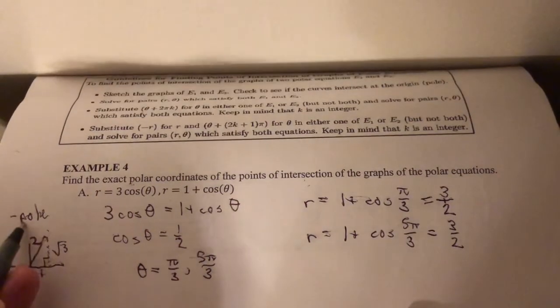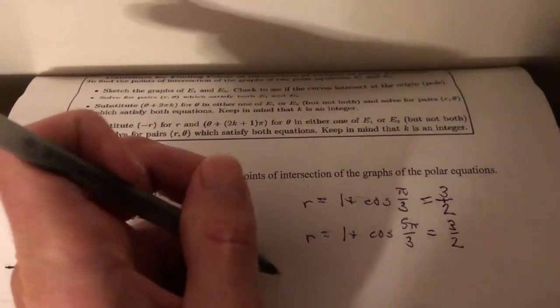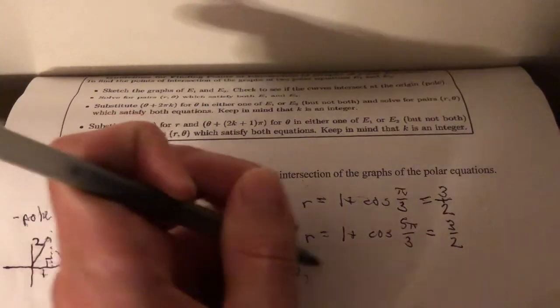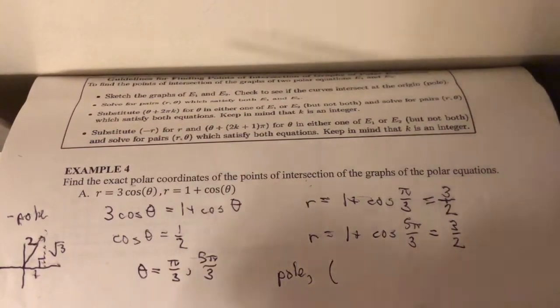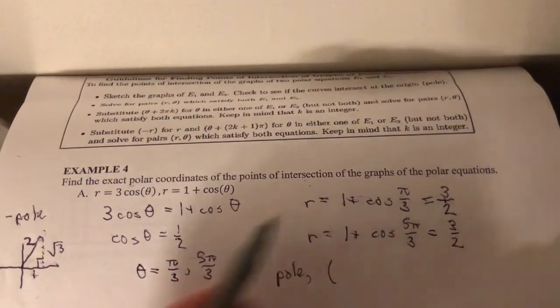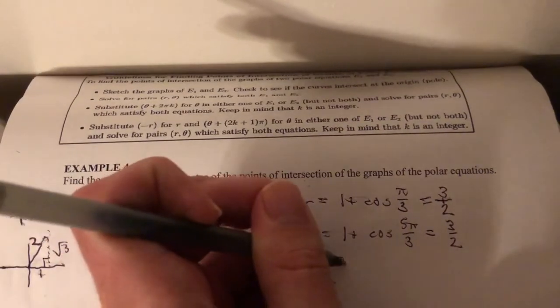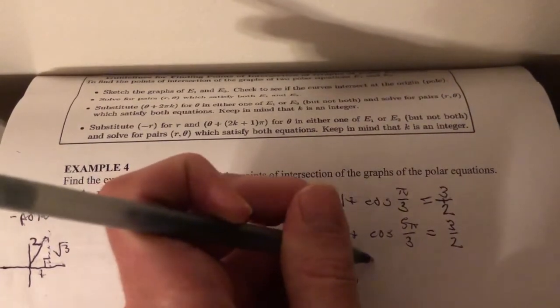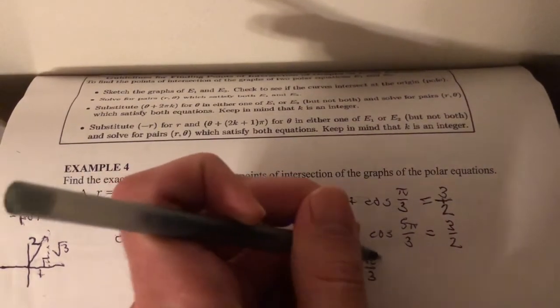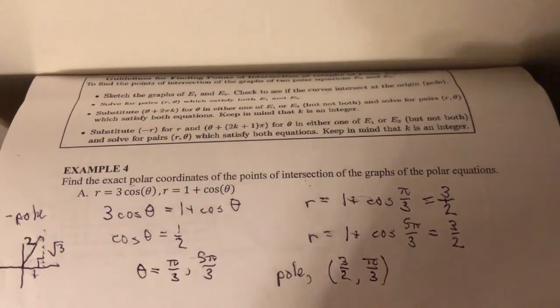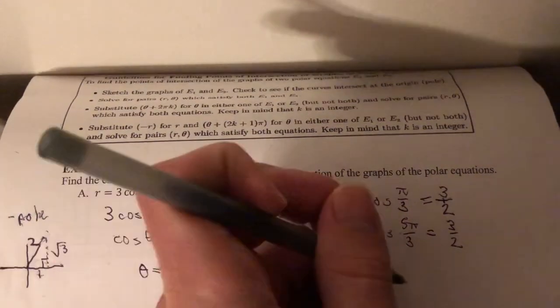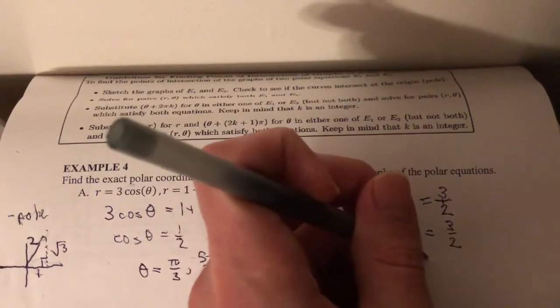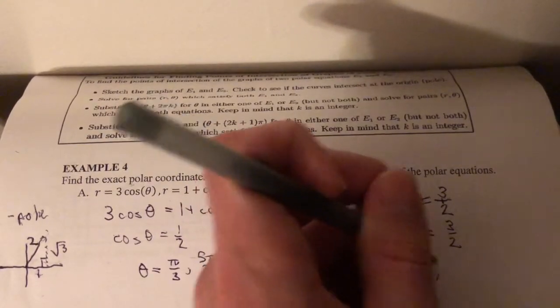So we've got the pole as a point of intersection. Then we've got the point 3/2 comma pi over 3, right, because we plugged in pi over 3 and obtained an r value of 3/2. And then when we plugged in 5 pi over 3 for our angle, we obtained an r value of 3/2 again.